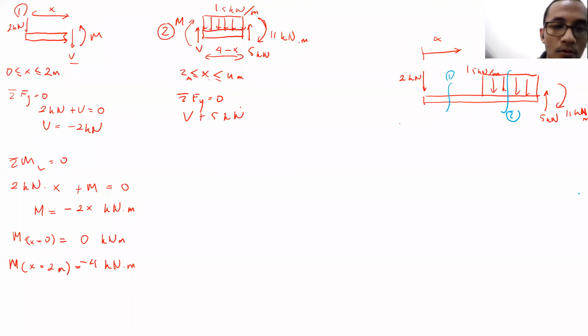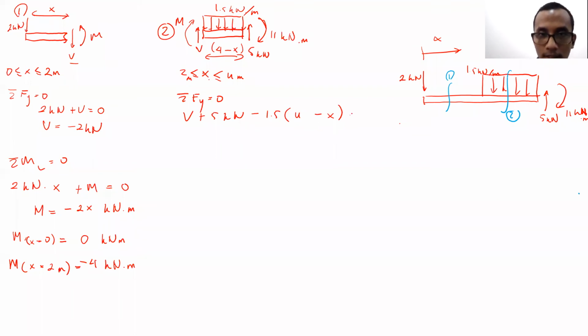Yeah, going up, and then distributed load going down, minus 1.5 multiplied by? Is it 2? No, it's not 2. The distance there is 4 minus x. I forgot the distance. Okay, so something like that.